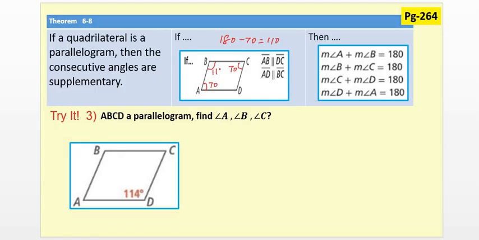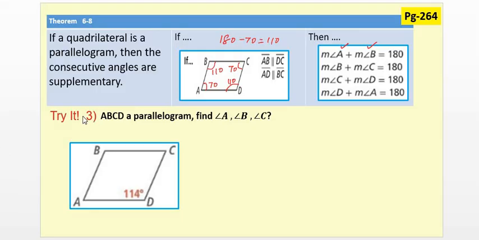So the value of angle B will be 110, and because it is opposite to angle D, angle D will also be 110, because we know that the opposite angles are congruent. This theorem is about the consecutive angles. So they are saying if you add A to B, B to C, C to D and D to A, their sum will always be 180.